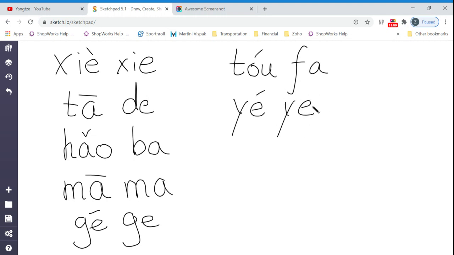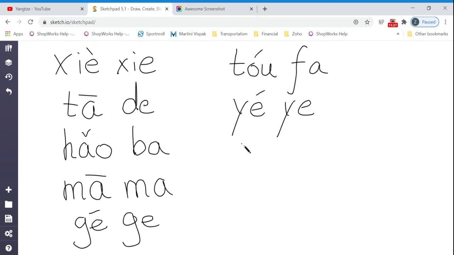I think most probably the neutral tone doesn't really have a special rule why it is neutral. Sometimes, as I said, it is because it's just a repetition of the first word, so it gets a neutral tone. But sometimes it does have a meaning, like 头发, which means hair. You can't just say tóu, it doesn't mean anything. You have to say 头发 to make it hair.